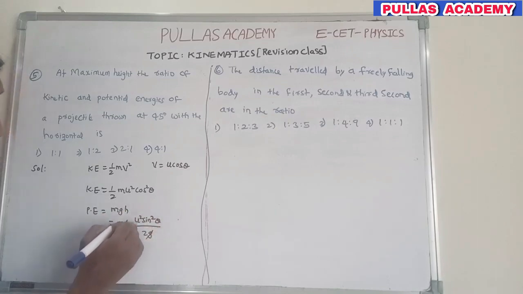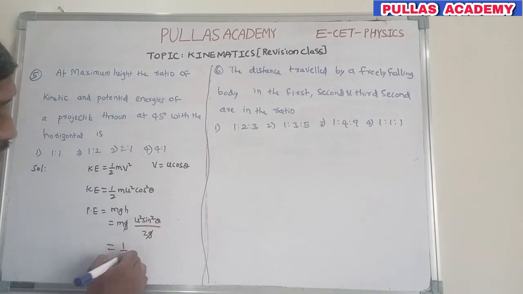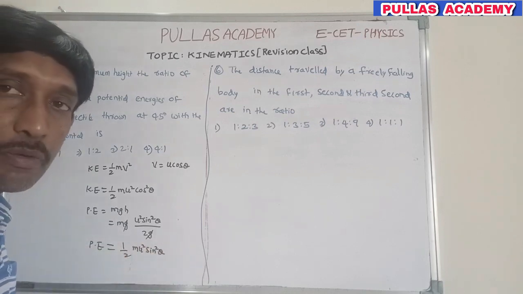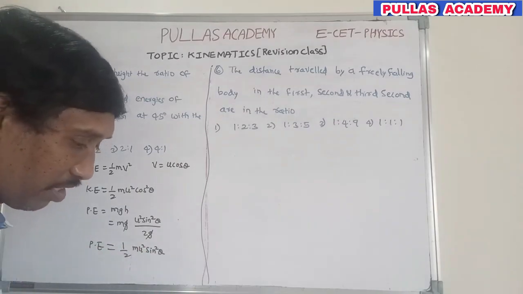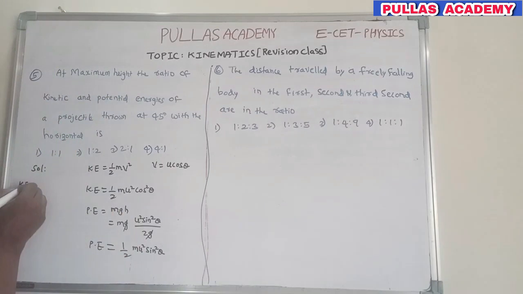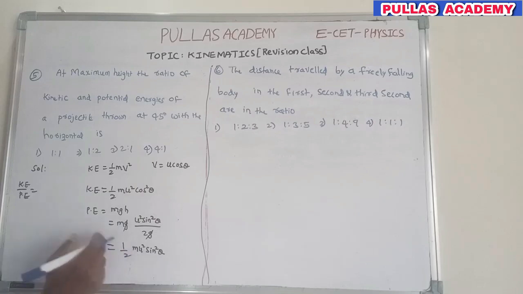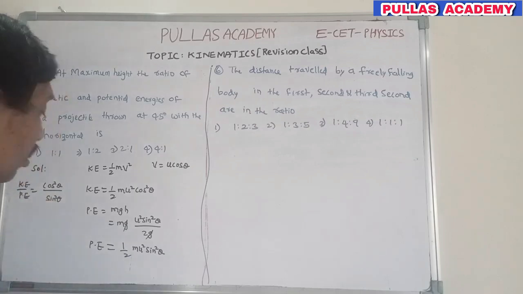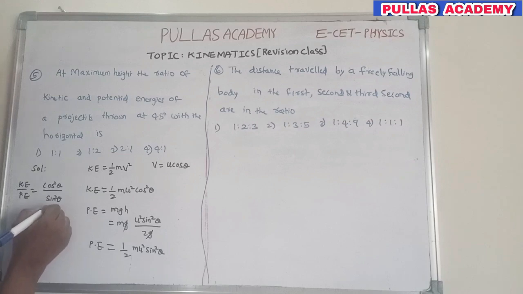g cancels, so the formula is half m u square sin square theta. This is the potential energy. Now what is the ratio of kinetic energy and potential energy? After simplification, K by P, half m u square is the same in both, so you get cos square theta by sin square theta. For 45 degrees, cos square 45 degrees by sin square 45 degrees.